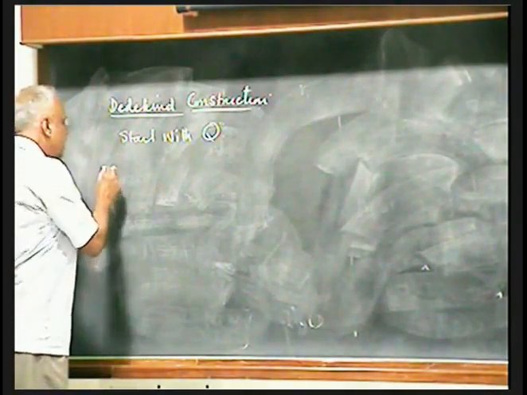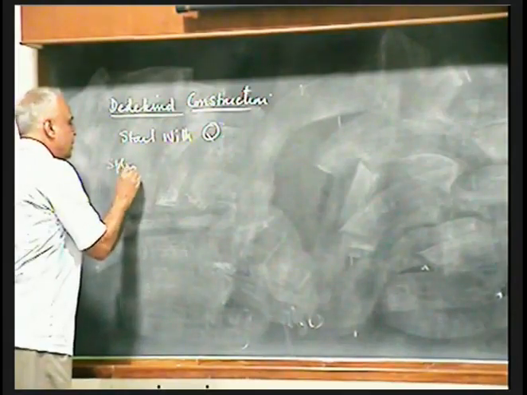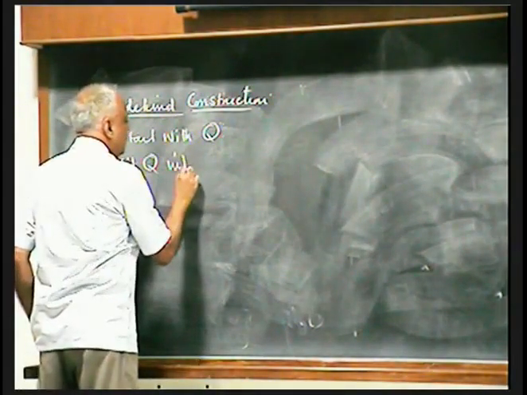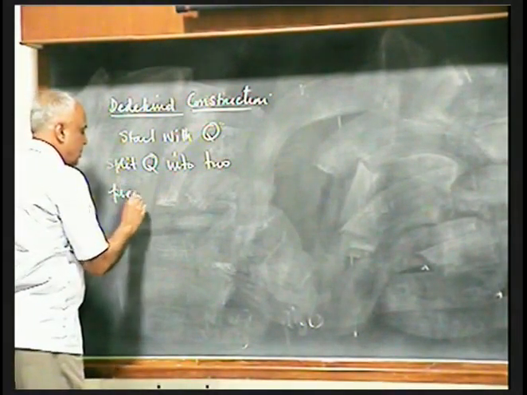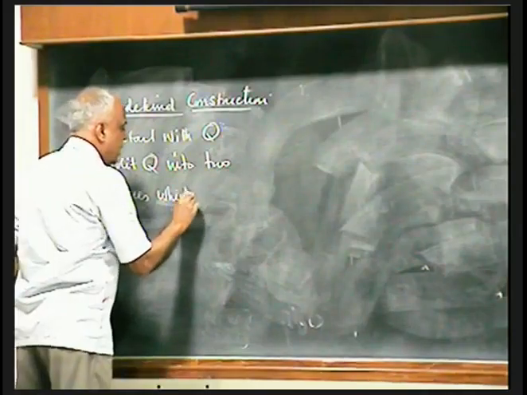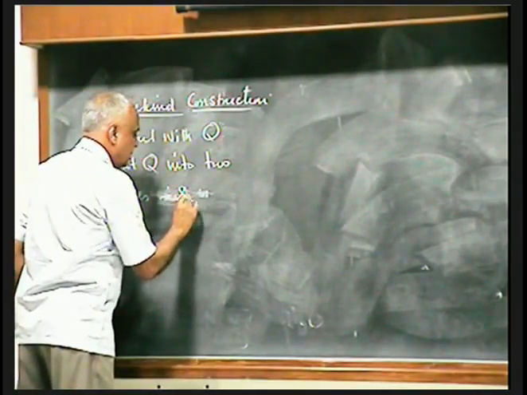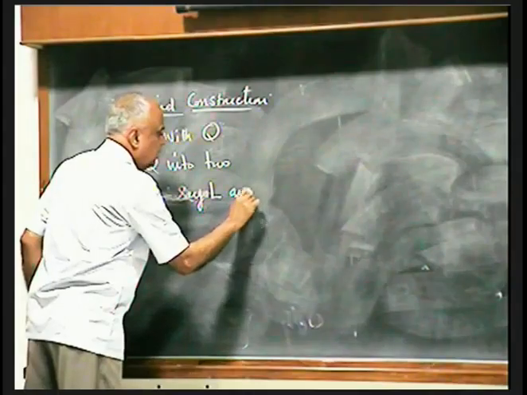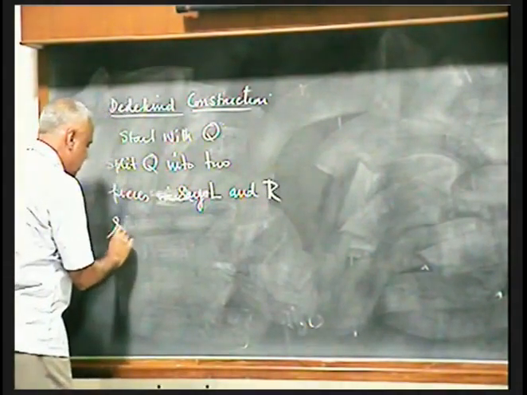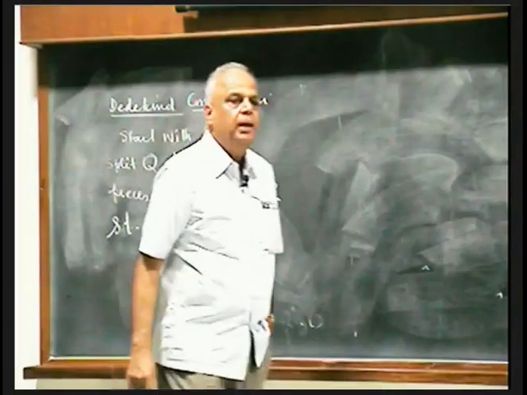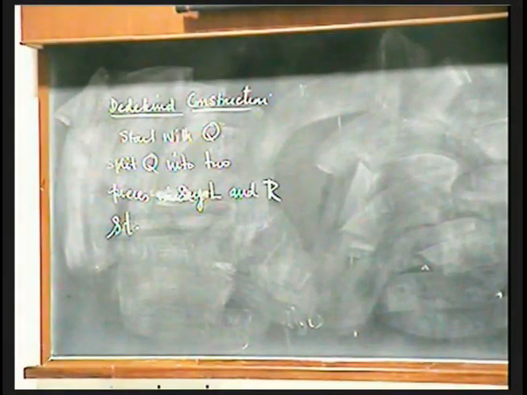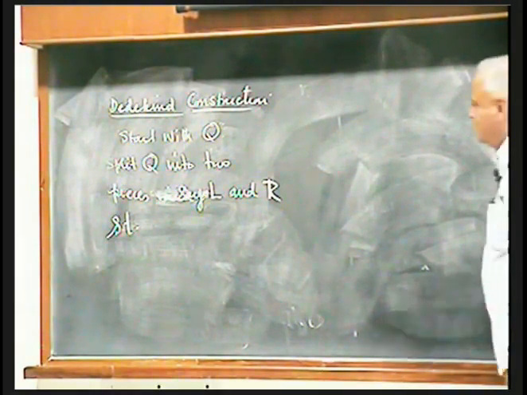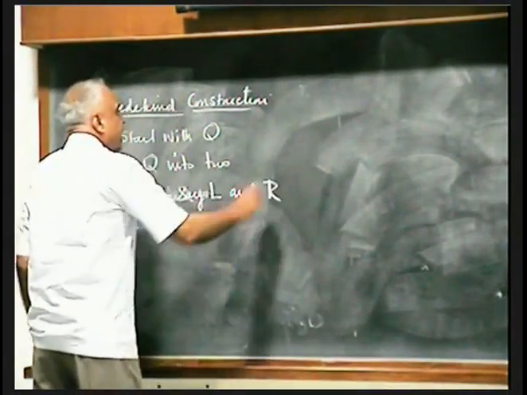Then split Q into two pieces which we call L and R. You will see why I use the notation L and R, though R is a bad notation because you want to use R for real numbers, but most people use L and U, but I like to use L and R.